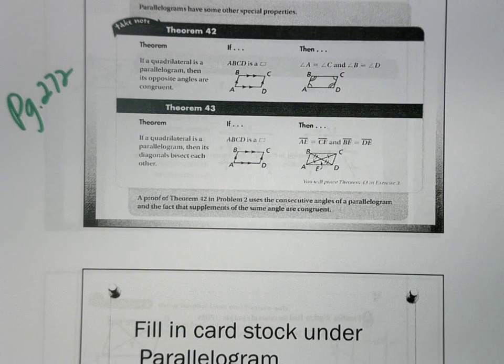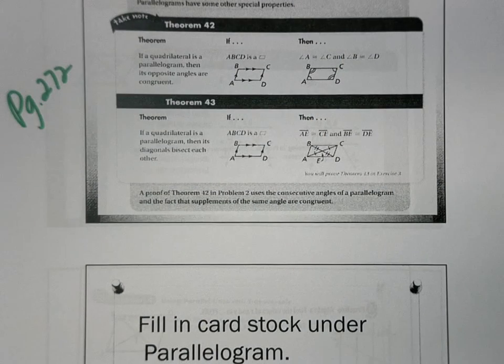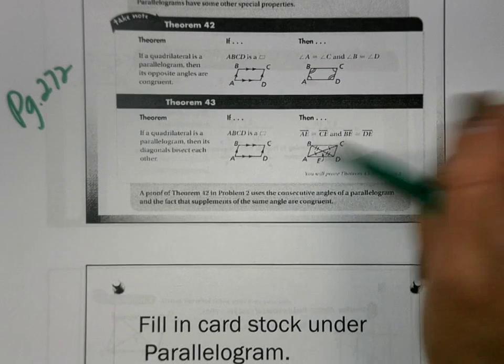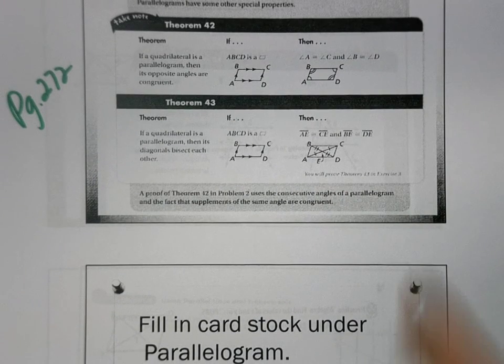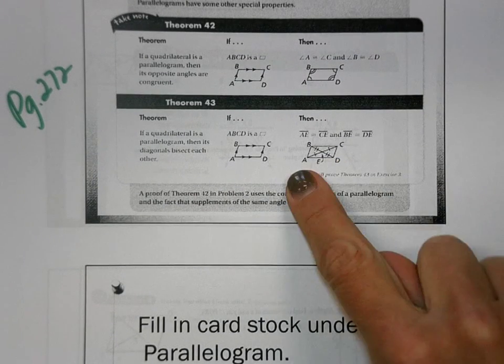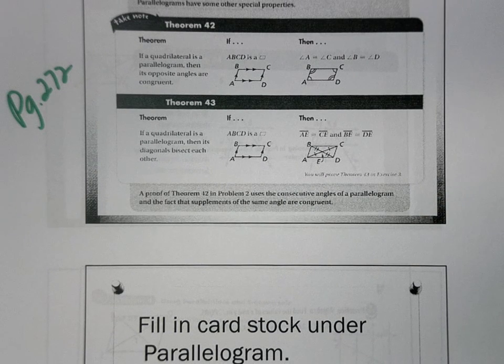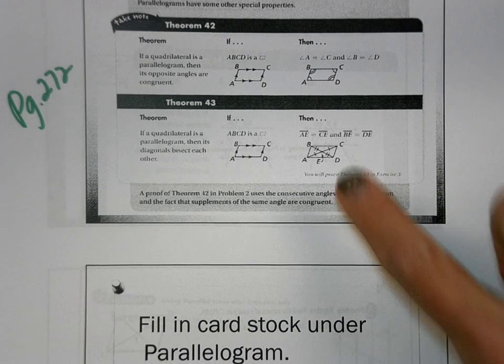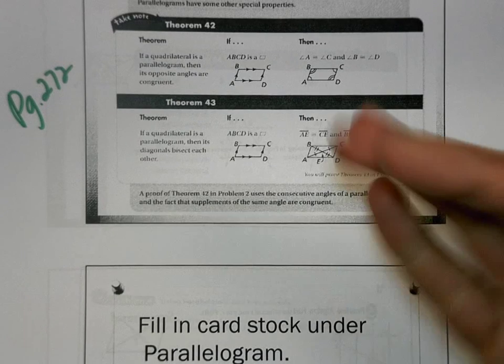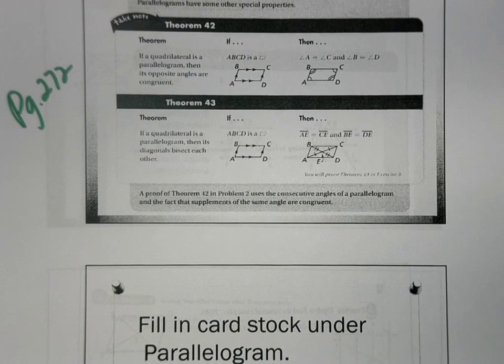Okay? And then on Theorem 43, if you were to take diagonals and cross them through, notice, are they saying anything about the angles of A and C in this figure? No. They are talking about the diagonals. If you have two diagonals going through there, they end up bisecting each other.